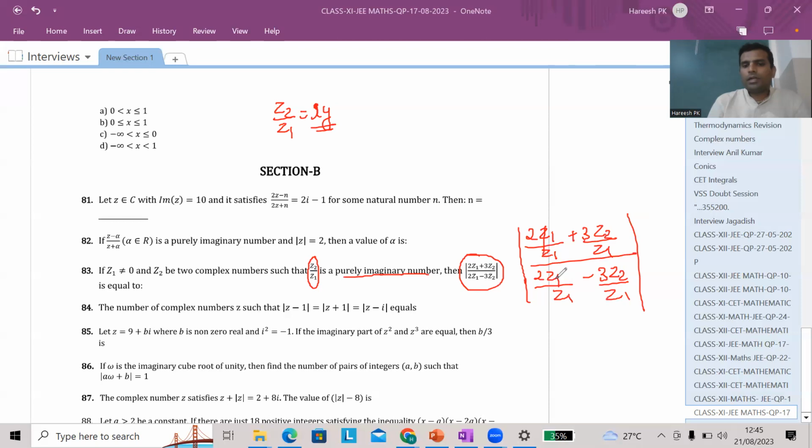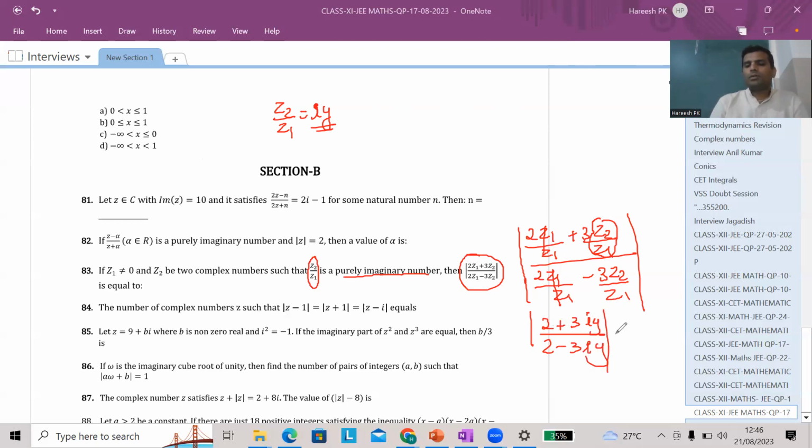Now z1 will get cancelled here, and wherever I see z2 by z1, I should substitute iota times y. So again we get 2 plus 3 iota y by 2 minus 3 iota y.